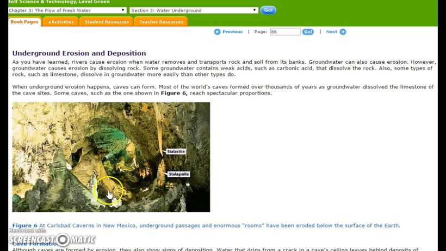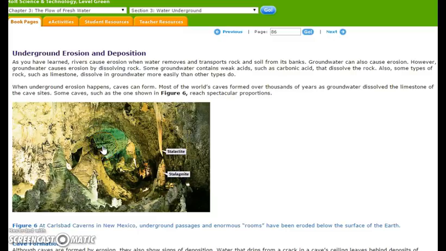So as we can see here, we have a picture of a cave. Caves are the result of underground erosion. This is where water used to flow through a part of the bedrock that was not as solid as the others. If you remember from chapter 2, differential weathering is when some parts of the rock weather faster than others.